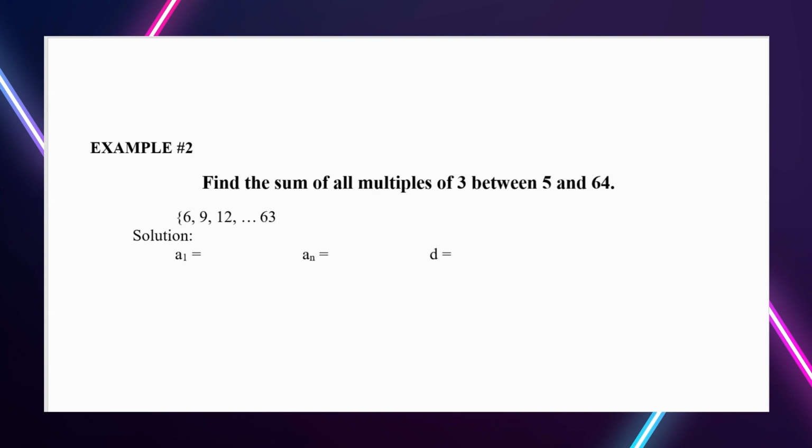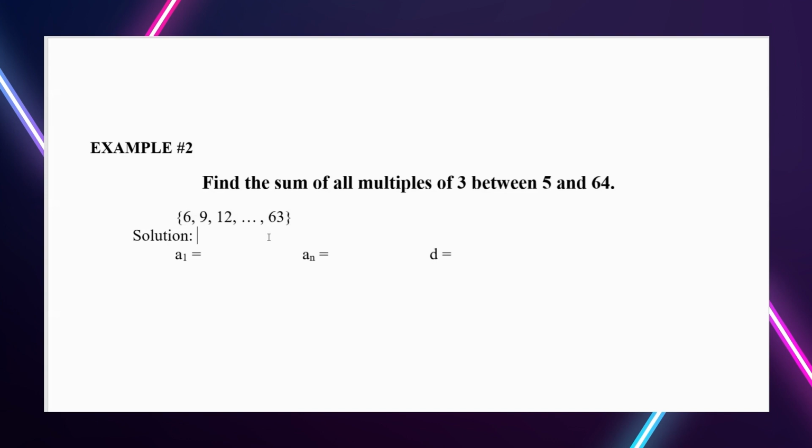Pero ang tanong, ang 63 ba ay divisible by 3 without remainder? Yes, 63 is exactly divisible by 3. Therefore, ang last term natin ay 63. So, ang illustration ng ating sequence, which is multiples of 3 between 5 and 64, is 6, 9, 12, up to 63.